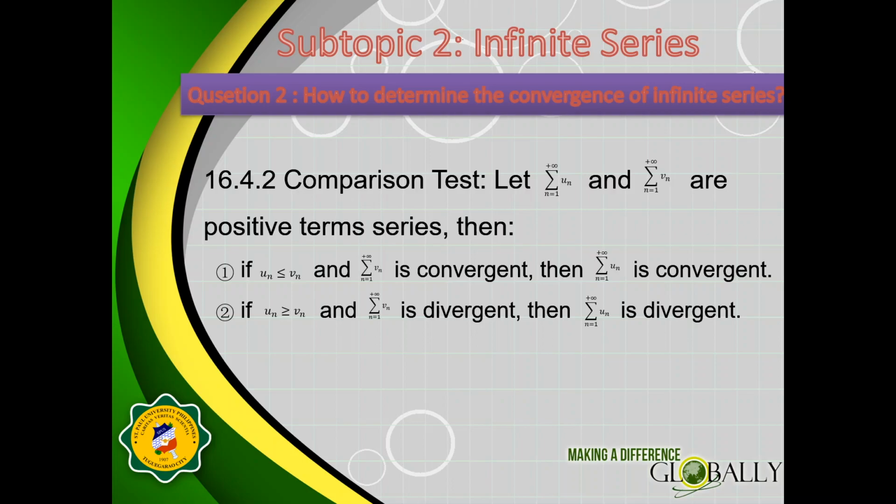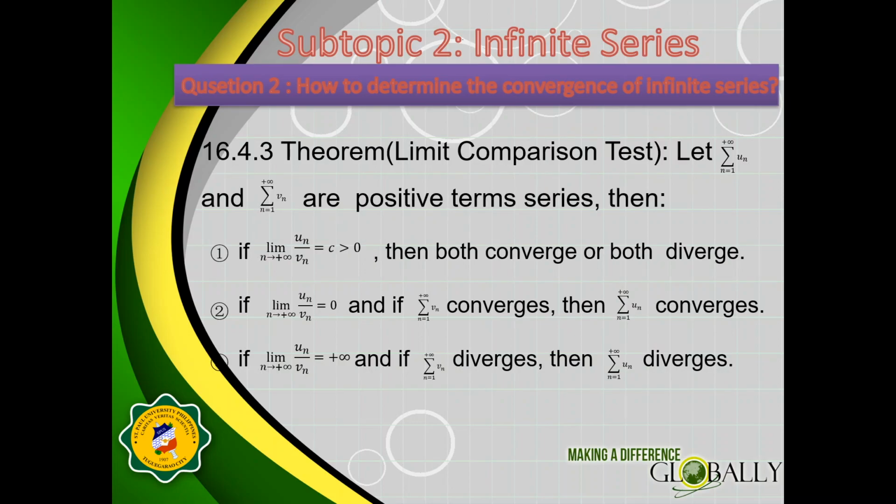Because you just think the big one is convergent, then the smaller one is convergent too. It's easy to understand, right?